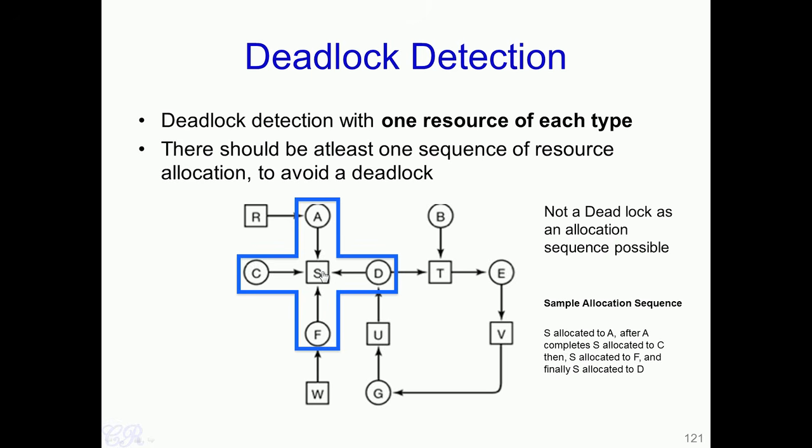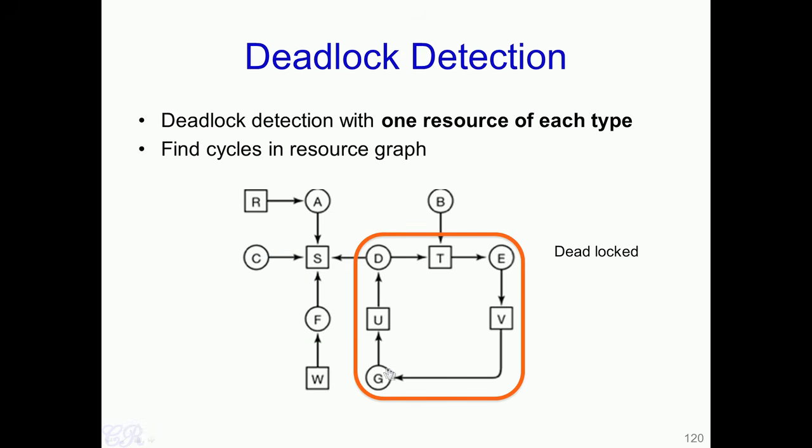For instance, one possible allocation scheme for S is that first S be allocated to A, then A will use the resource S for some time, and after it completes using S, S can be allocated to C, and then S is allocated to F and then D. So, essentially the allocation of S could be sequential among these 4 processes. So, this will not have a deadlock. However, the presence of a cycle in the resource allocation graph will indicate that a deadlock is present in the system.